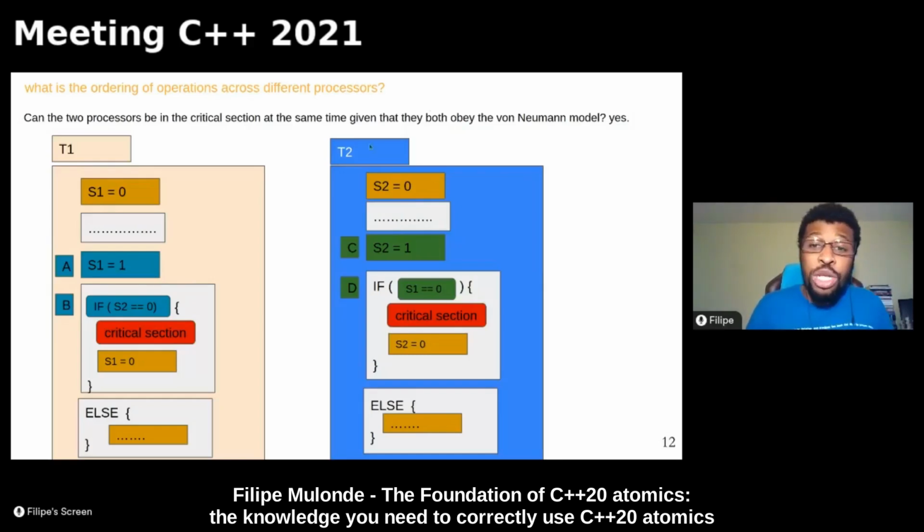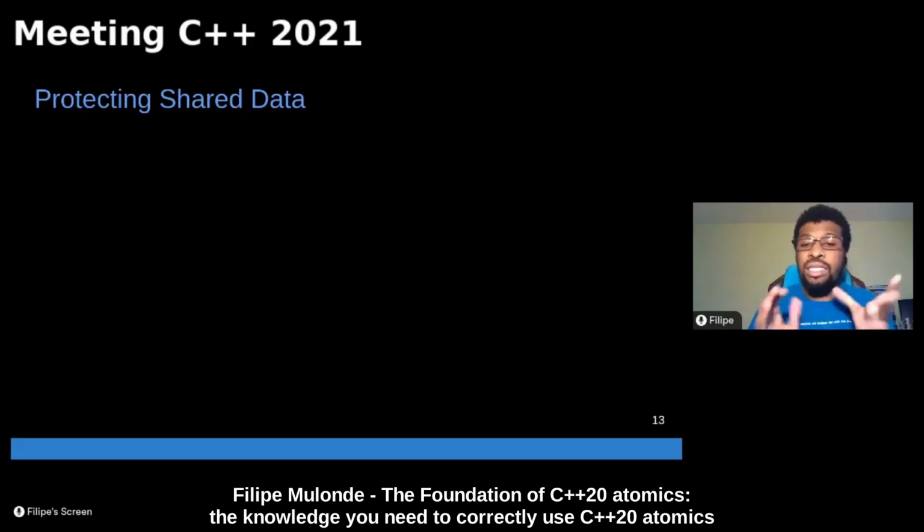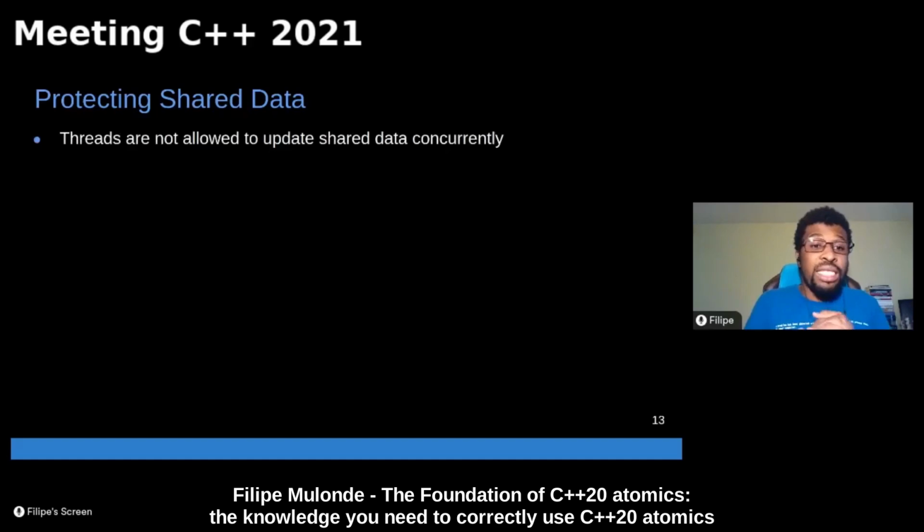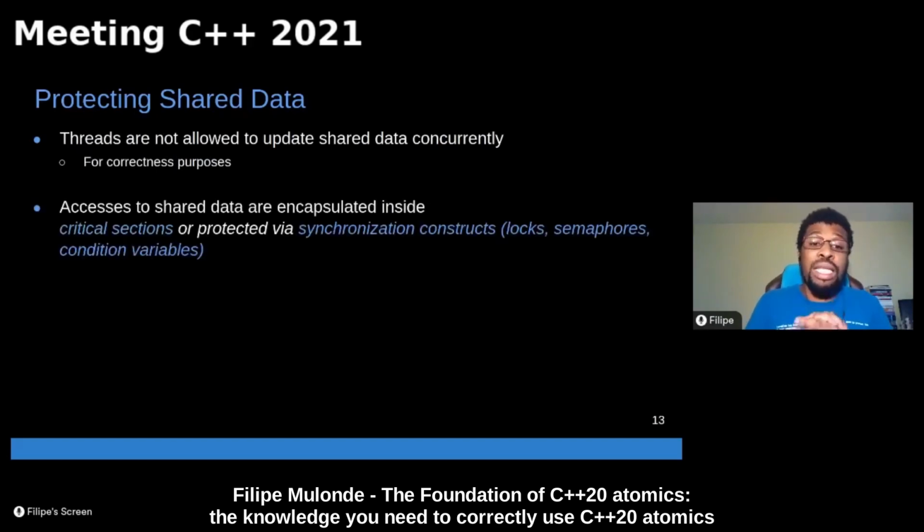So before we go into details of why and how these threads can be in the critical section at the same time, let's understand why it's important to protect shared data. Threads are not allowed to update shared data concurrently for correctness purposes, and accesses to shared data are encapsulated inside a critical section or protected via synchronization constructs like locks, semaphores, and condition variables.